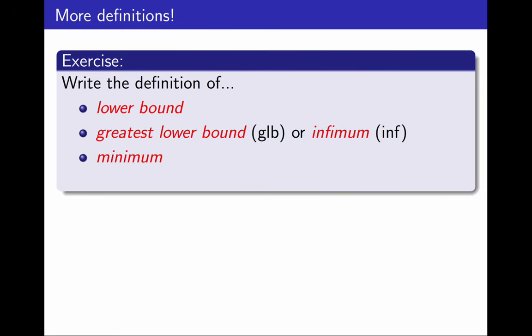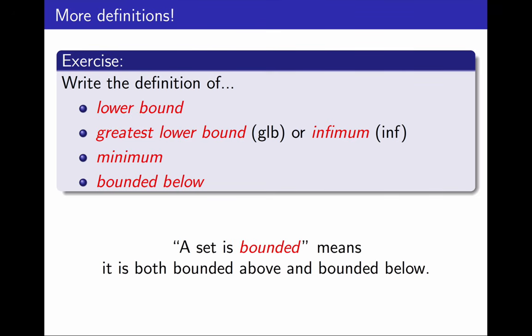Instead of maximum, we have minimum. And finally, we can talk about a set being bounded below. To complete these definitions, you pretty much only have to reverse the direction of all the inequalities in the original set of definitions. And finally, there is one more definition you may encounter. When we say that a set is bounded, just bounded, we mean that it is both bounded above and bounded below.